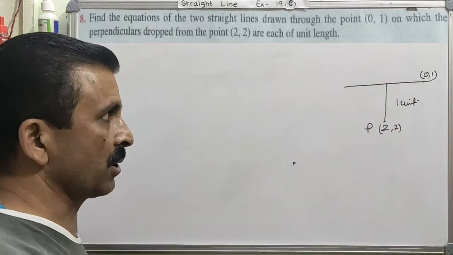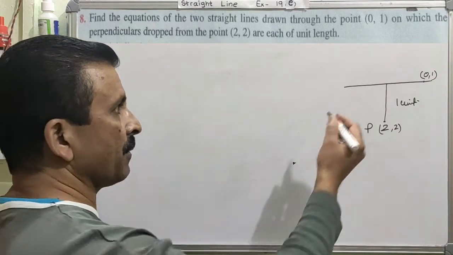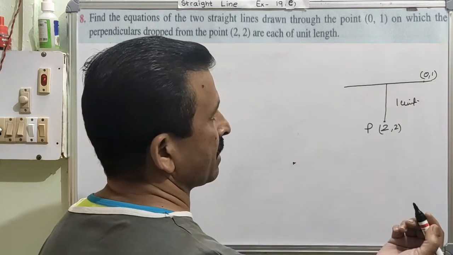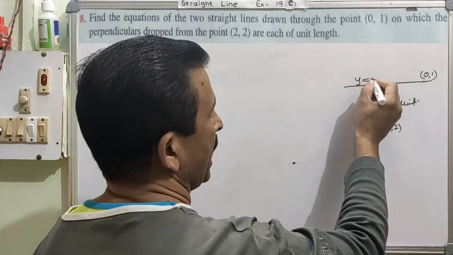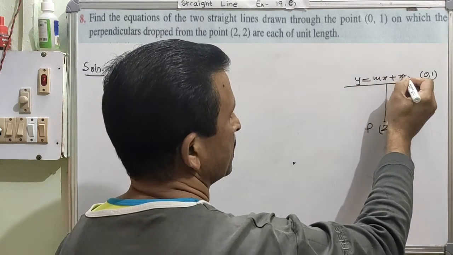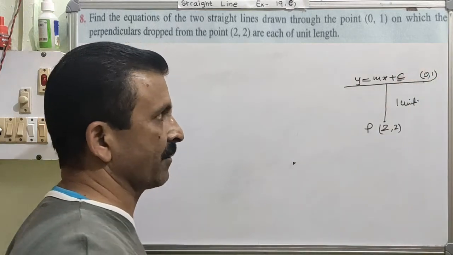Is this okay? So this is your question. Now let us see. First of all, we need to assume the equation. We don't have any other clue, so we can assume this equation as y is equal to mx plus c.